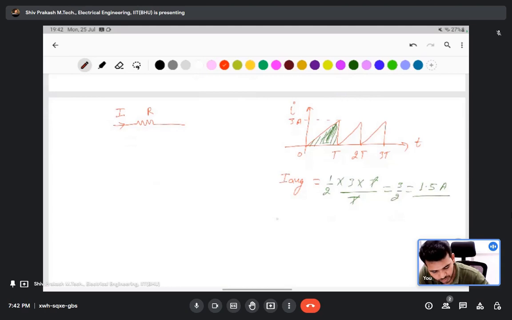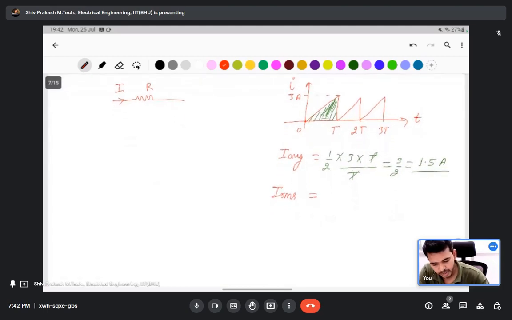For the RMS current of a triangular wave, you divide the peak by root 3, and root 3 is 1.732, so the RMS current is 1.732 ampere.